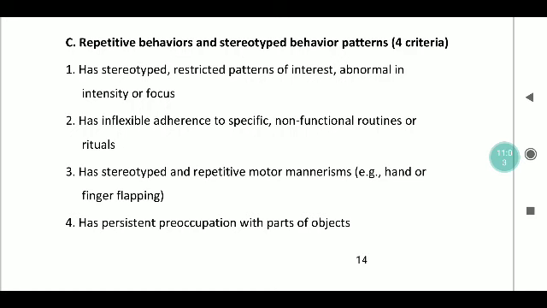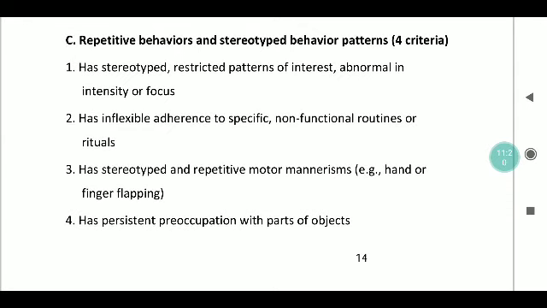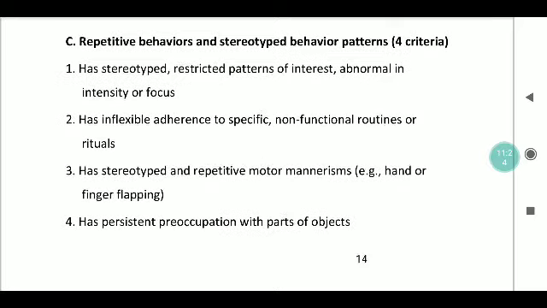Now, if you consider each of these 4 points with the car example, it is very easy to understand this repetitive behavior, and once we have understood this concept, I'm sure none of us will ever forget it. So I'm repeating this once more. Stereotypical restricted patterns of interest, non-flexible adherence to specific routines, stereotypical motor movements, or persistent preoccupation with parts of objects.